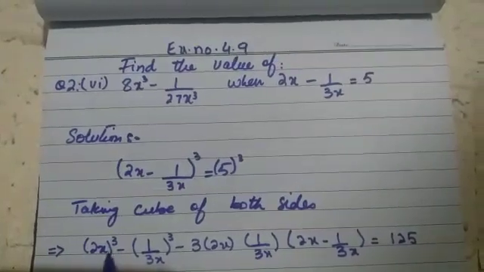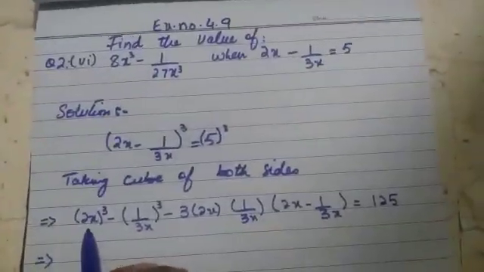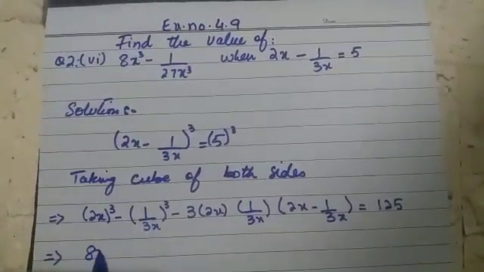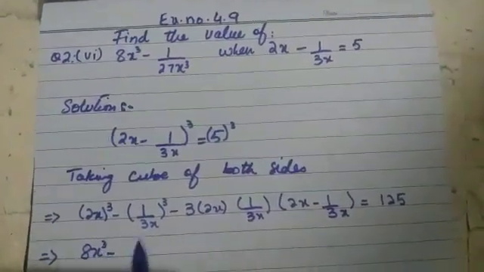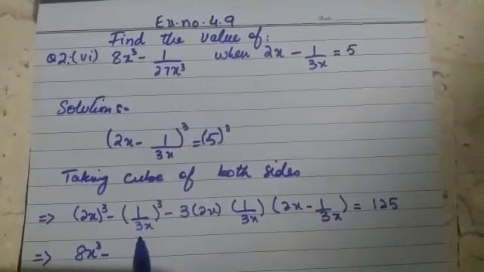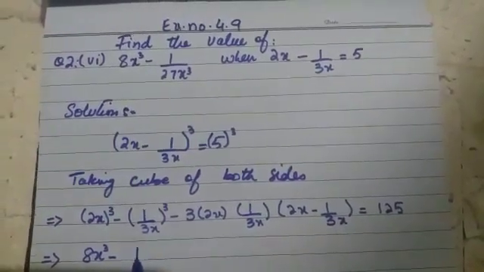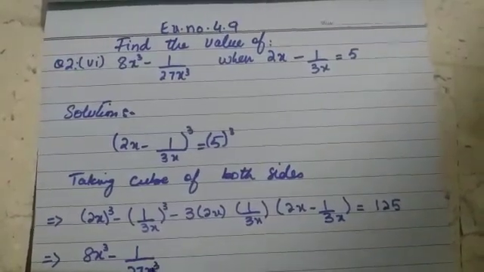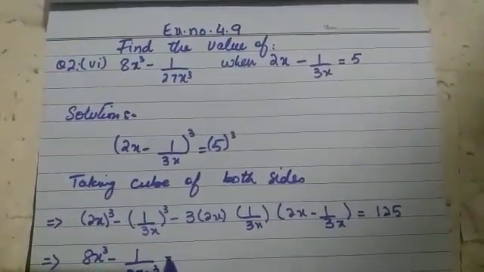Now 2x cubed is 2 three times, 2 2s are 4, 4 2s are 8, and x three times is x cube. In the same way, 1 upon 3 three times is 1 upon 27, and x three times is x cube, minus.